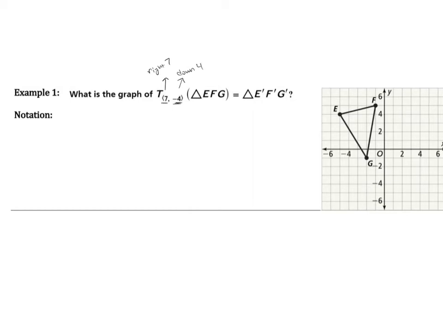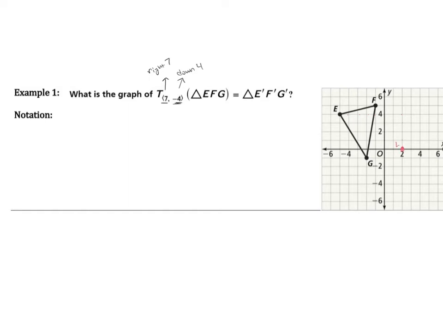We have the graph, right? So let's look. So we have E right here, and we're going to go up 7. Sorry, to the right 7. So 1, 2, 3, 4, 5, 6, 7, and then down 1, 2, 3, 4. Okay.